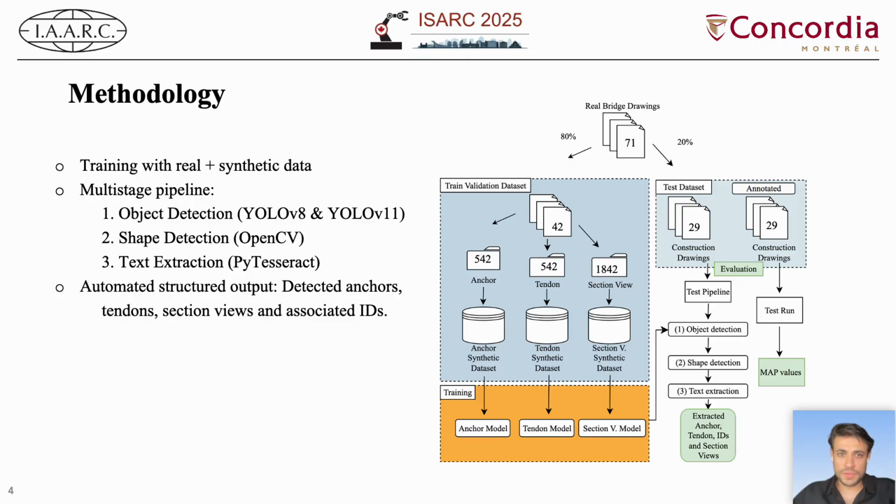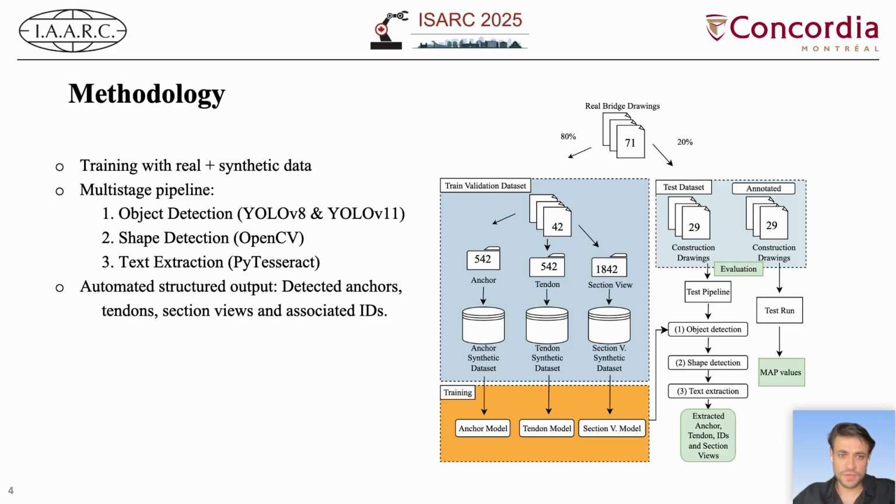We began with 71 real bridge drawings from German infrastructure projects, using 80% of them for training and validation and 20% for testing. However, this amount of real data was not sufficient to train reliable models, so to overcome this limitation, we generated a synthetic dataset.